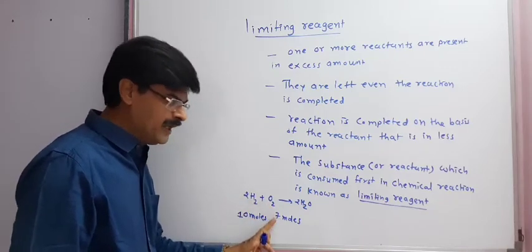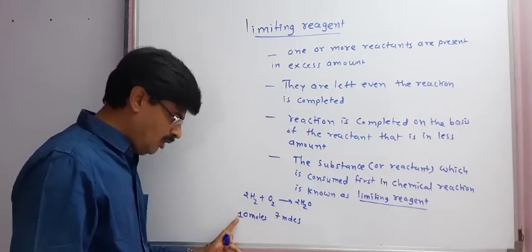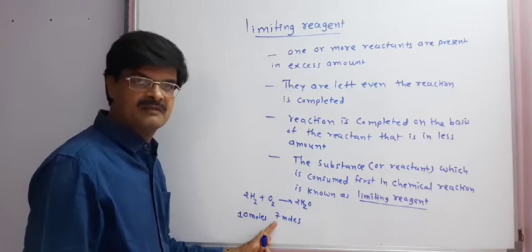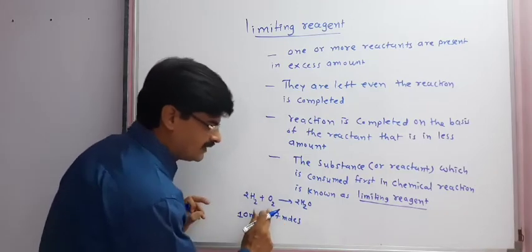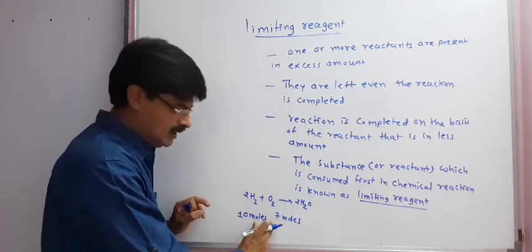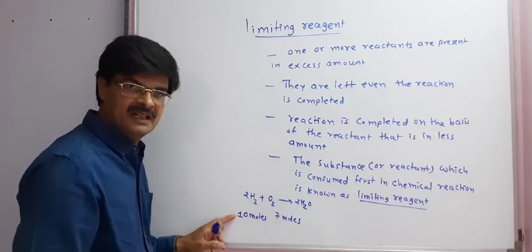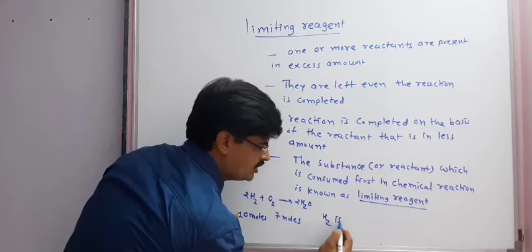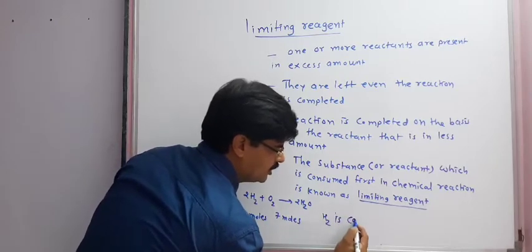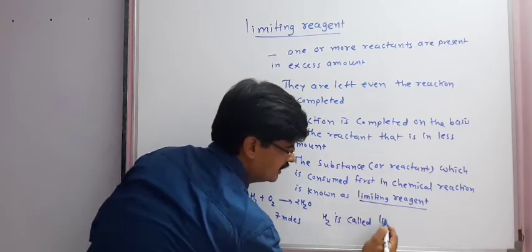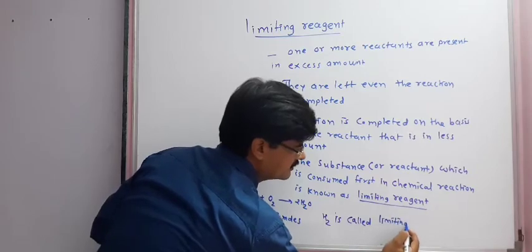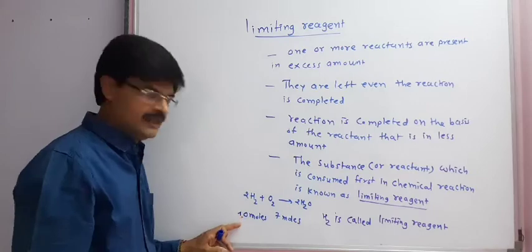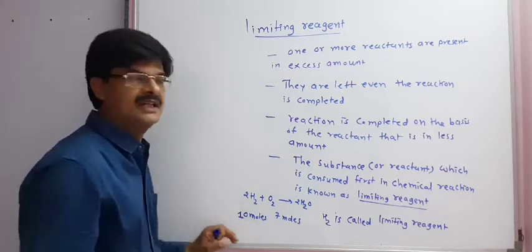So after 5 moles of oxygen, all moles of hydrogen will be consumed. So 2 moles of oxygen will be left. So we can say oxygen is in excess amount and hydrogen is in limited amount. So in this particular case, hydrogen is called the limiting reagent.